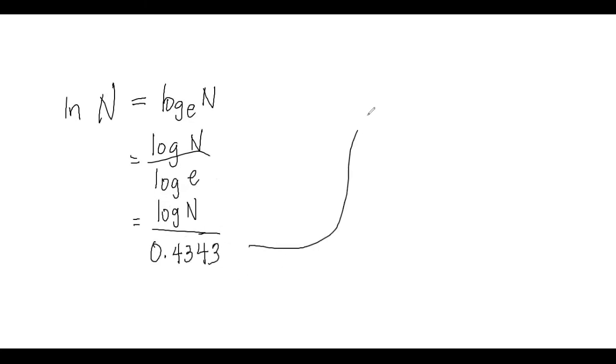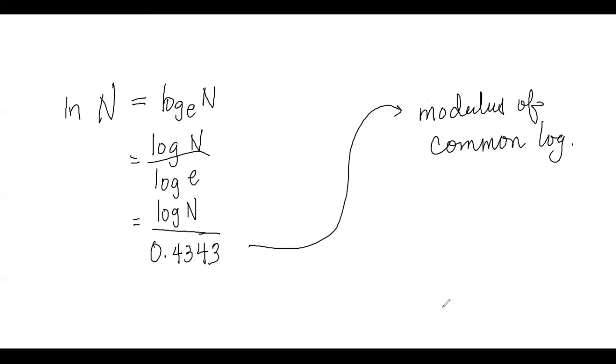So this value, class, is what we call the modulus of common logarithm. Why is it called the modulus of common logarithm? Because, class, it links the common logarithm and the natural logarithm. Where does 0.4343 come from? From the logarithm of e.